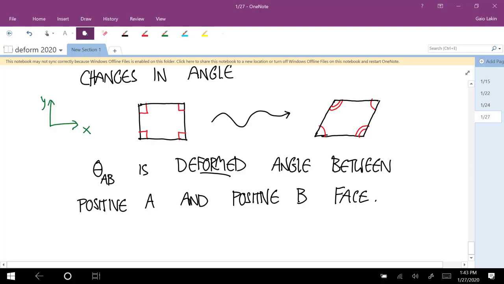Okay, so A and B can be X, Y, or Z. So let's say we want to calculate the deformed angle between the X and Y face.